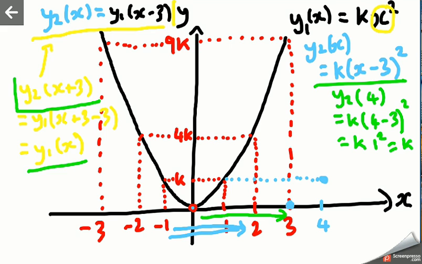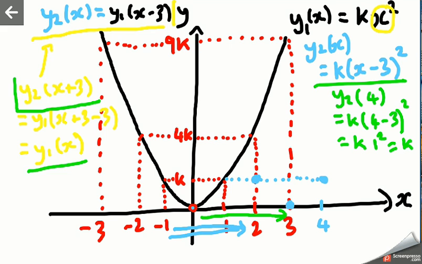That's what I want. And does it? Well, let's double check. y2 of 2 is equal to k times 2 minus 3 squared, which is the same as k times negative 1 squared. Because we do brackets first, and negative 1 squared is the same as 1 squared, we get y2 of 2 equals k times negative 1 squared equals k. So indeed, our y2 parabola does go through this point that we want.